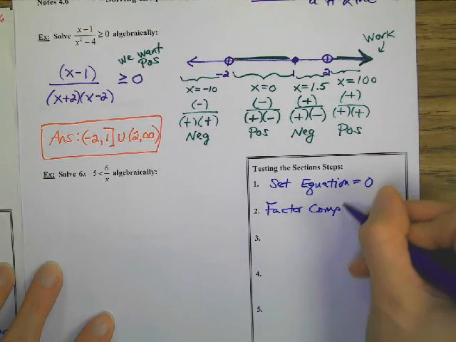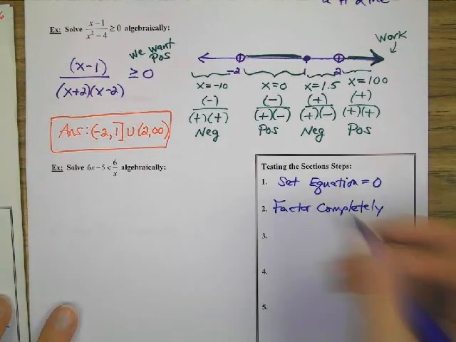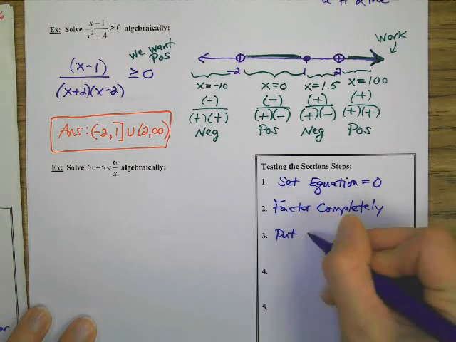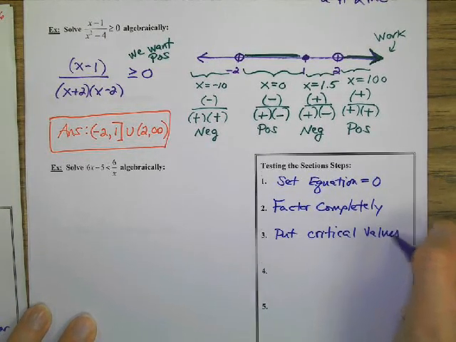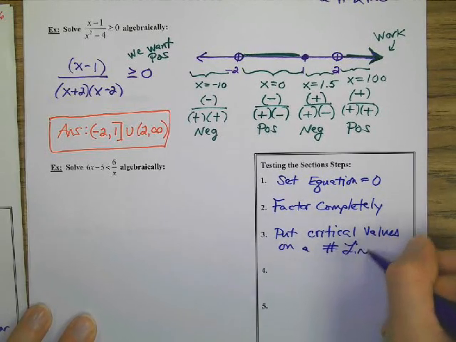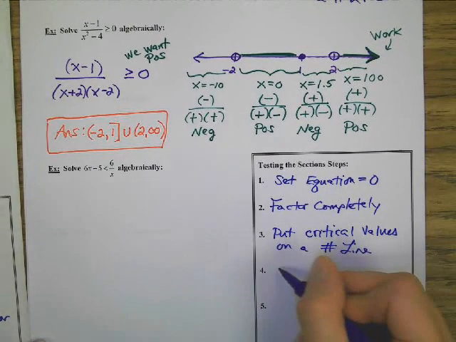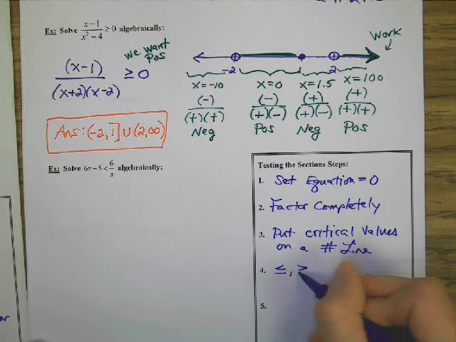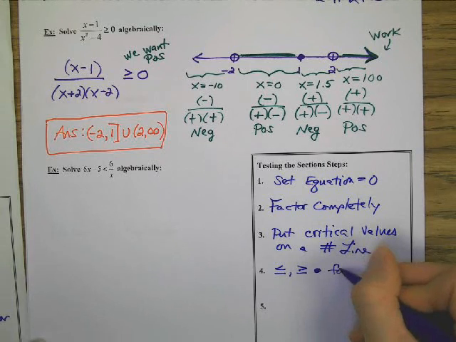Step 3 is to put those critical values on a number line. Okay. What you're going to do here for step 4, if it's less than or equal to, or greater than or equal to, you use a closed bubble for the zeros, or the critical values, from the numerator.